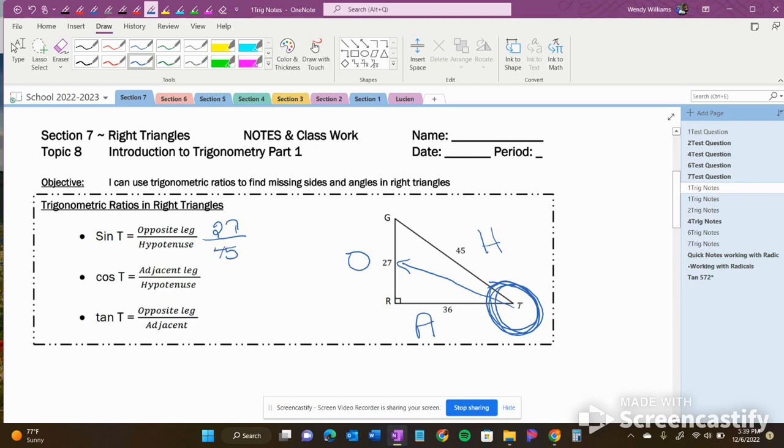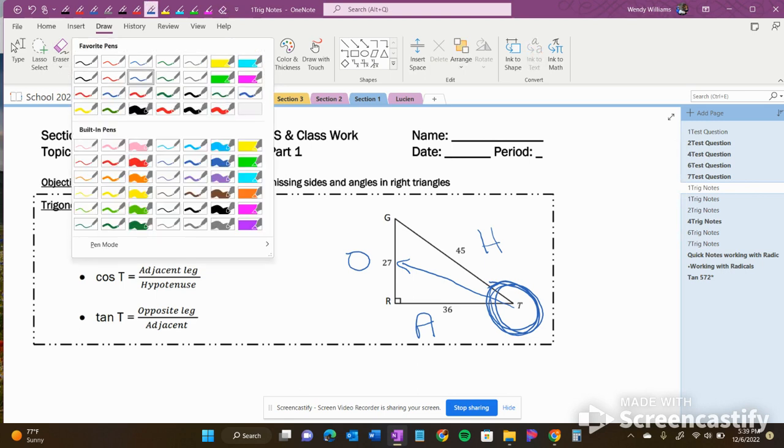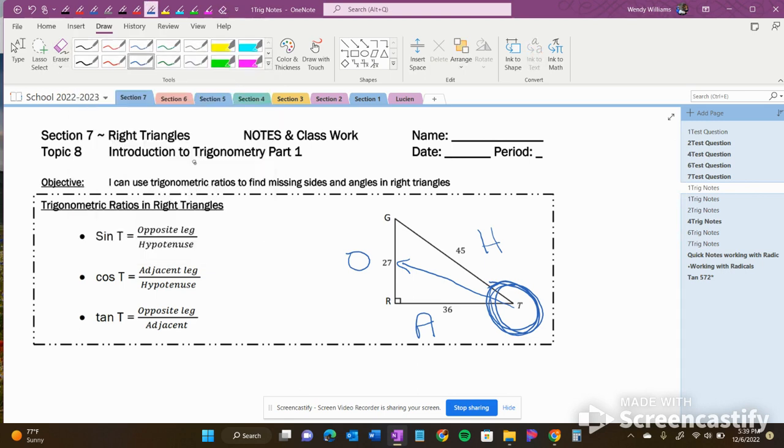And if we did cosine, that's the adjacent leg. Ooh, that really looks bad. Let me go back and erase that. Let me try again. All right, so sine is the opposite leg, 27 over 45. Adjacent is 36 over 45.